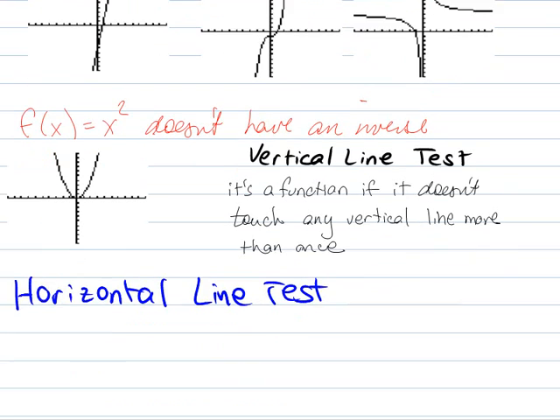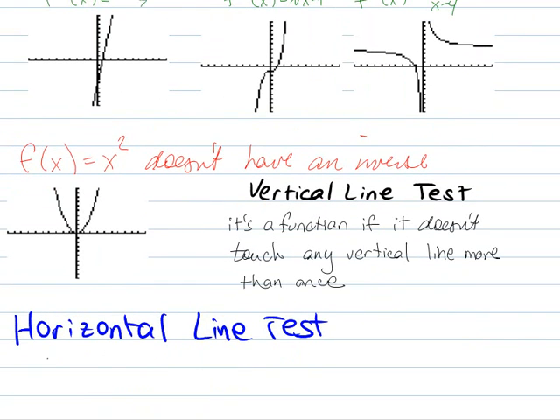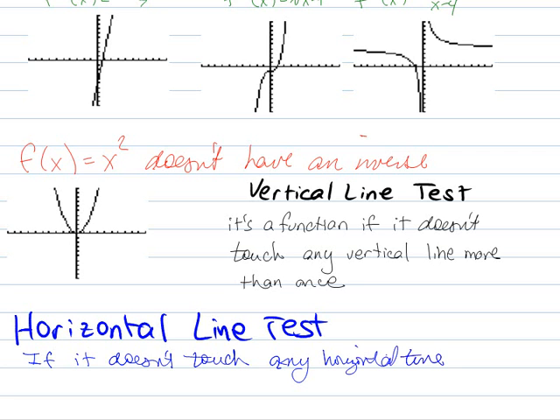And the idea behind a horizontal line test is that if it doesn't touch any horizontal line more than once, then it has an inverse.